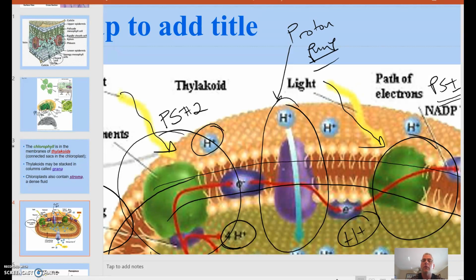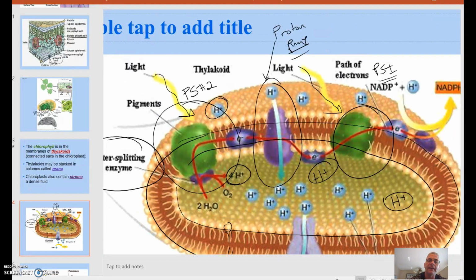And what powers that proton pump is the downward flow from the electron transport chain. As we examine the light reactions in more detail, make sure you understand that it's that downward flow of electrons through the electron transport chain carrier molecules.